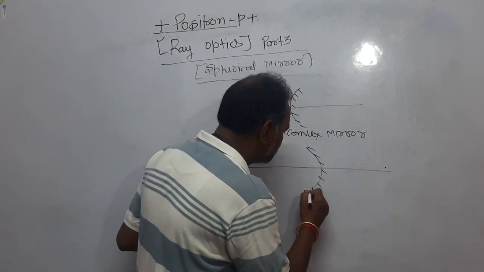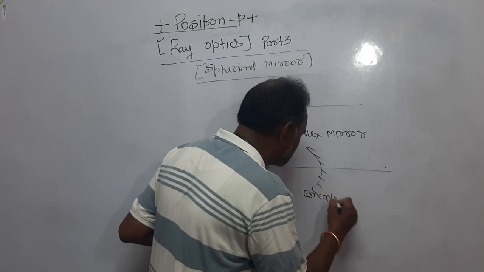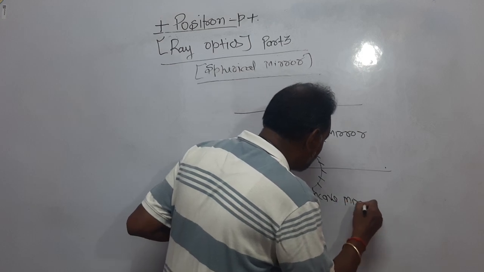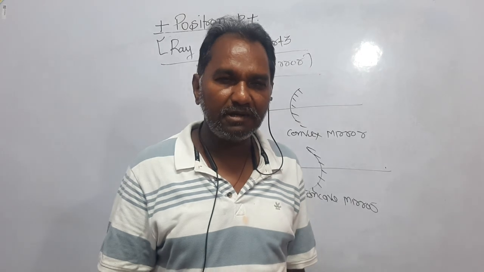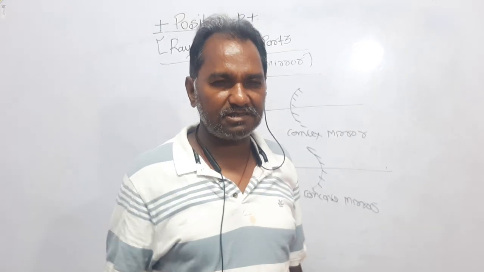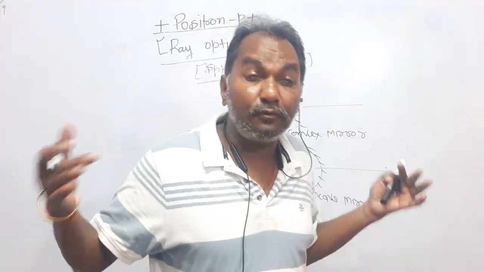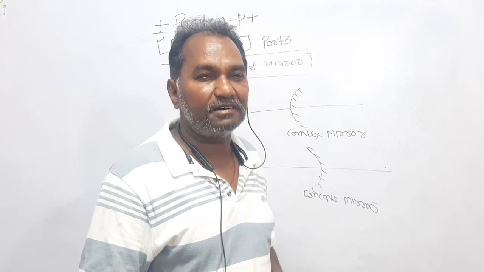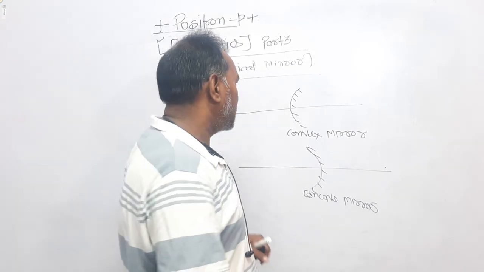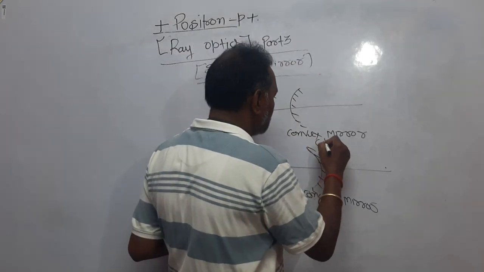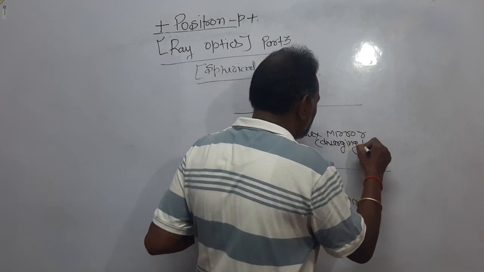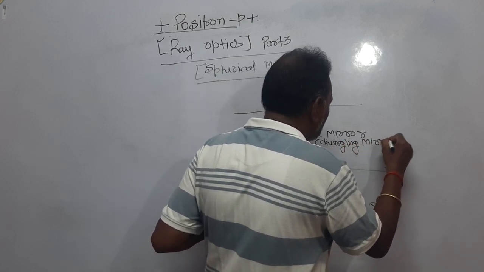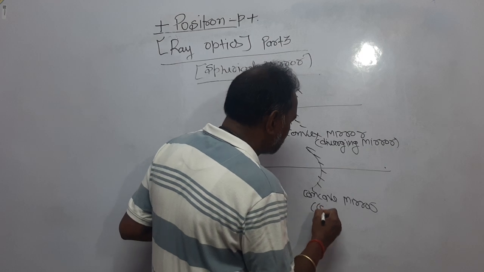This concave mirror is actually a converging mirror. It converges the rays; it tries to focus the rays incident on it after reflection. And the convex mirror is the diverging mirror. Remember these basic facts.